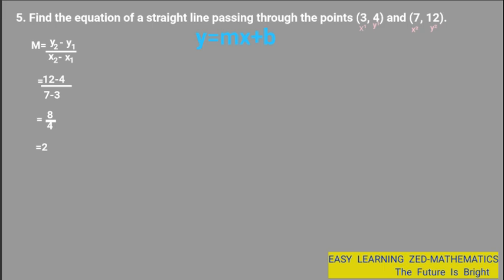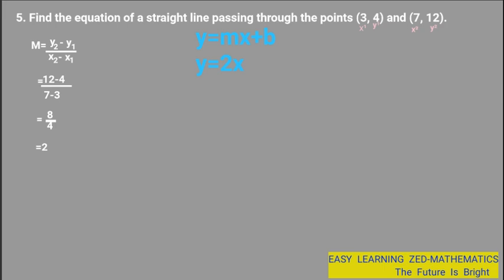Where there is m, we're going to put the value we found, which is 2, so we have 2x, then plus b, that is the intercept point. Now we don't have that, so we're going to just write plus b.